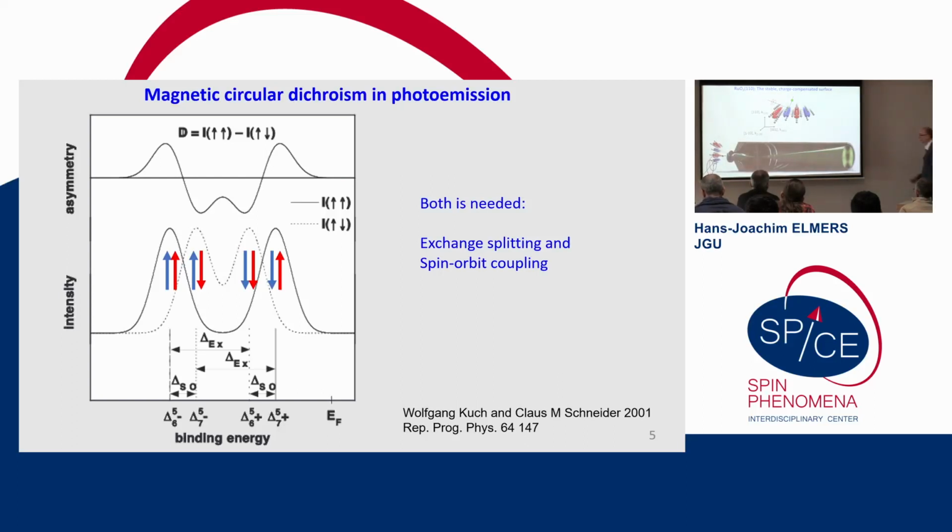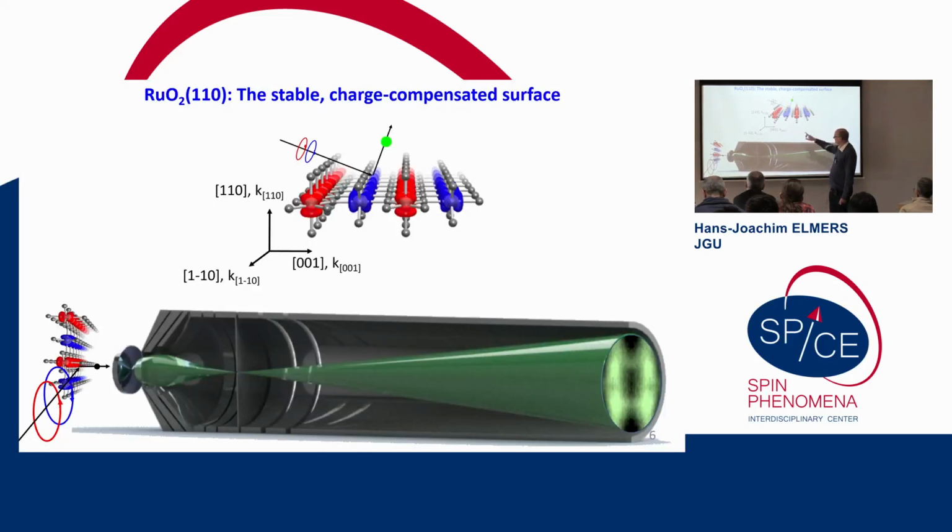So how do we measure? In our case, we measure in such a way that we use the 110 surface of ruthenium dioxide. In the 110 surface, the magnetization vector of the moments is parallel to the 001 direction.